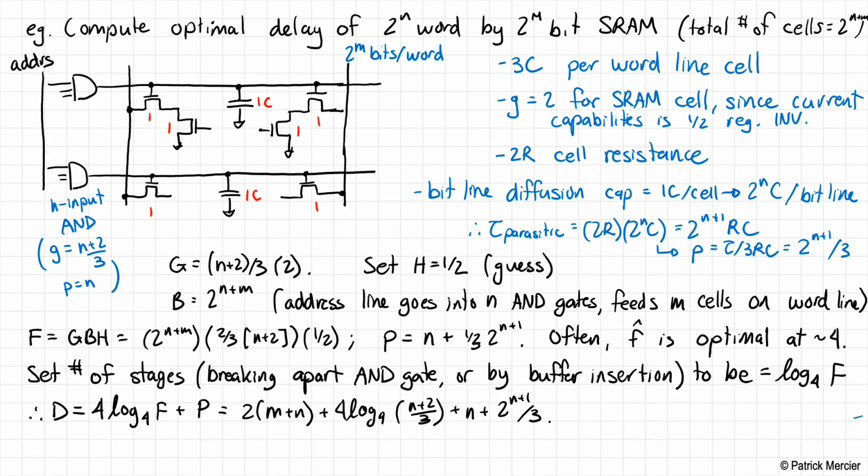Let's do a numerical example for a 32 by 32 bit SRAM. It turns out that n equals 5, that's for 32, and we can do the calculation, and it turns out that D is equal to 146 RC.